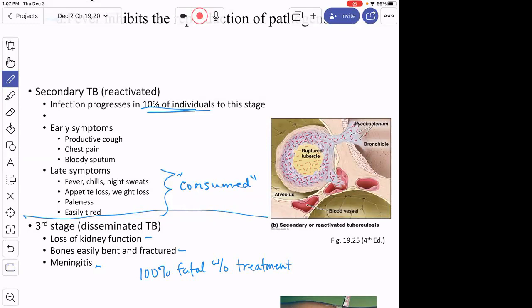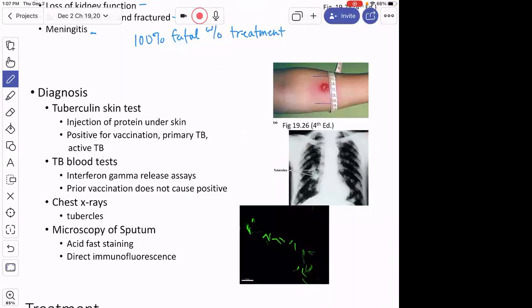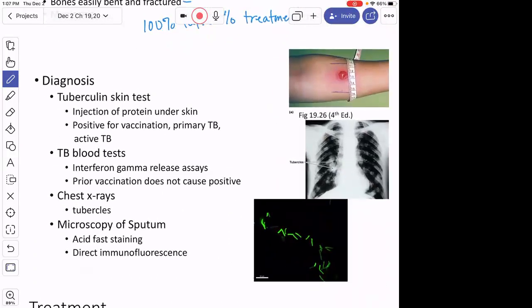Okay, so how do we diagnose? Because it can be latent, the diagnosis is complicated. Some of you may have recently had a TB skin test. That's usually the first step to diagnose it. You want to find out if someone has TB or has ever been exposed to TB.